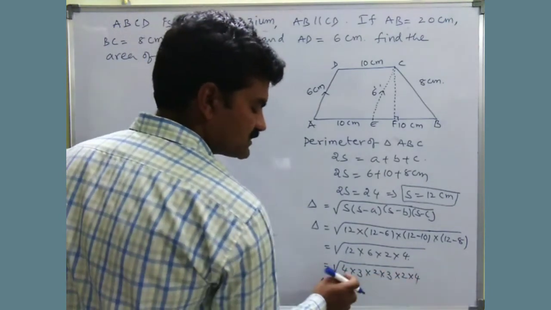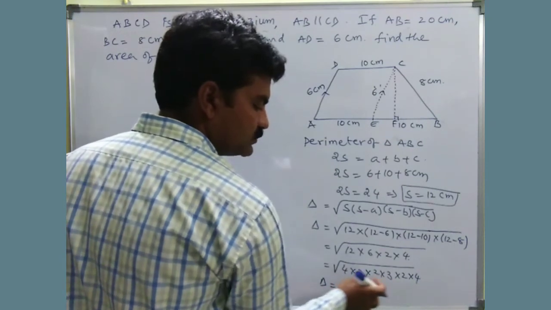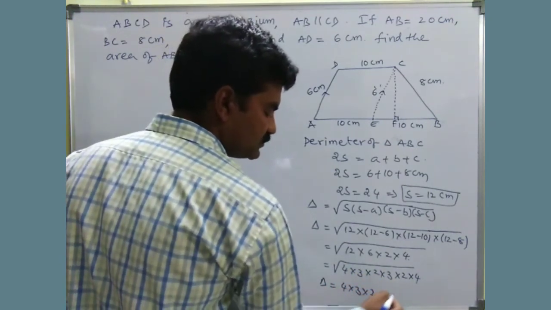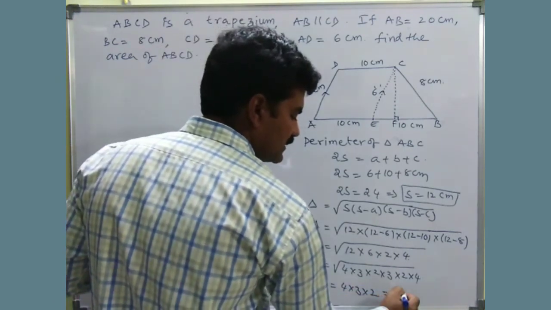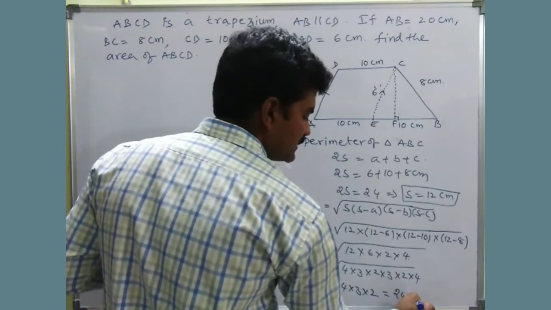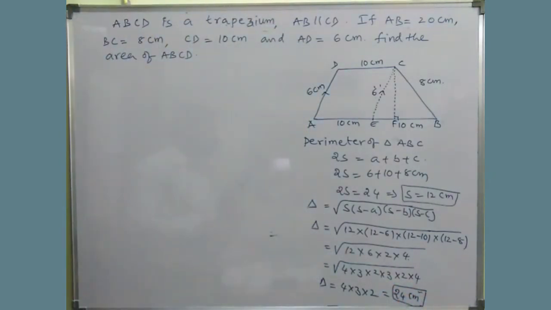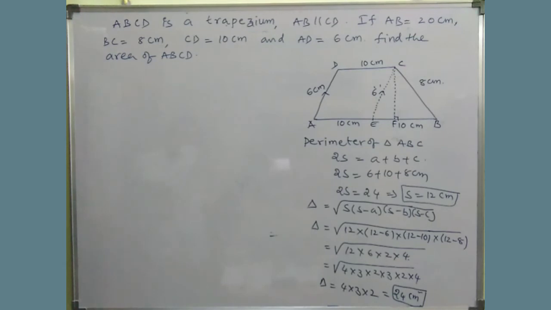Because of two 4s, I can write one 4. Similarly, because two 3s are there, one 3, similarly into 2. Hence 12 into 2. The area of this triangle is equal to 24 square centimeters.